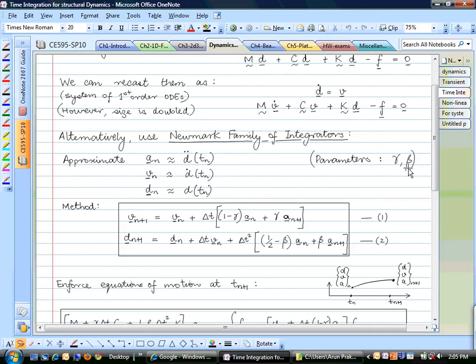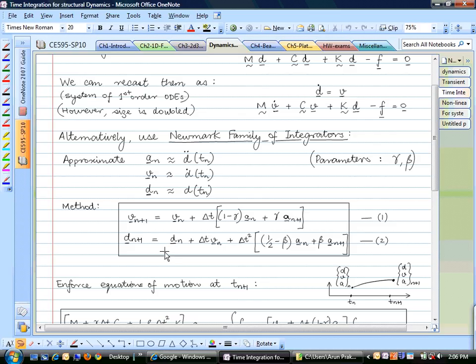So the two parameters for this method are gamma and beta, and originally when Newmark developed it, this was called the beta method. So there are these two parameters, gamma and beta. In general, we use the value for gamma equal to half. So again, we are saying that the velocity is old velocity plus delta t times some acceleration.